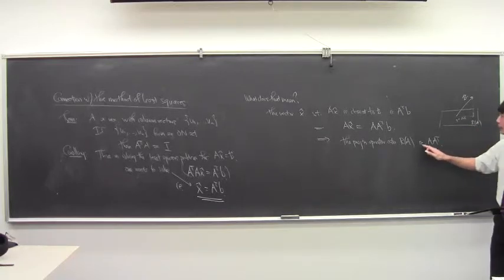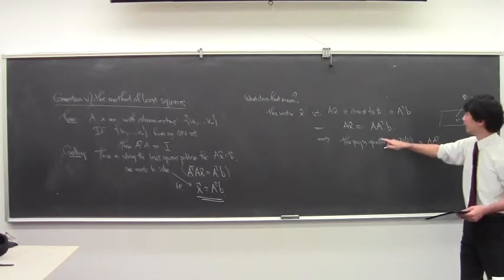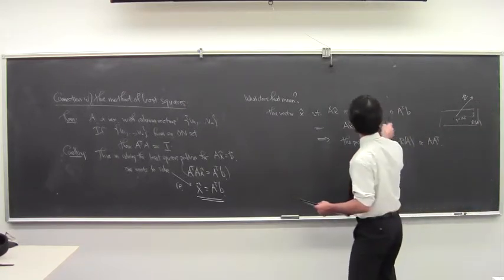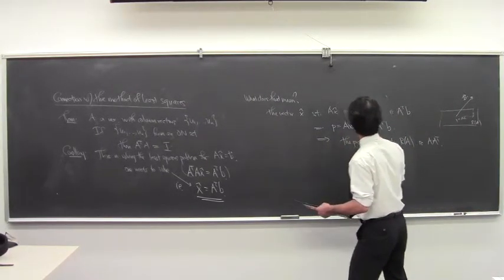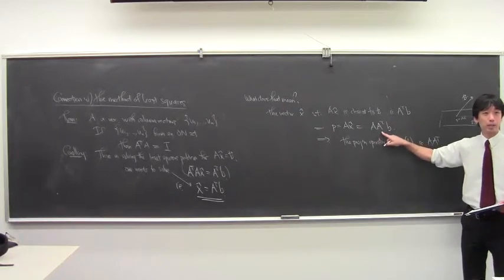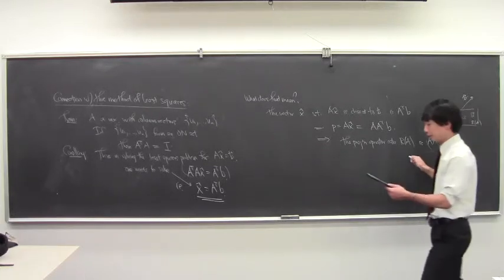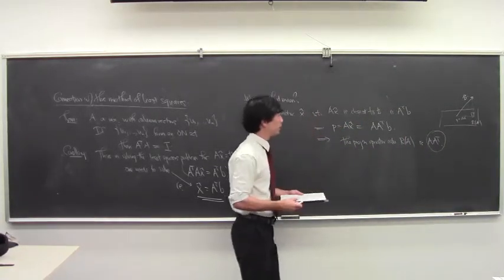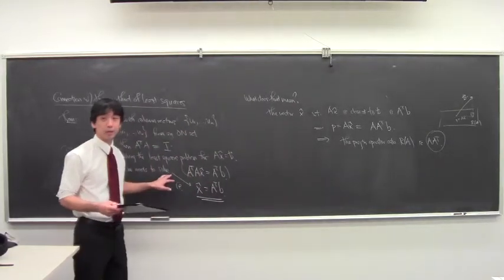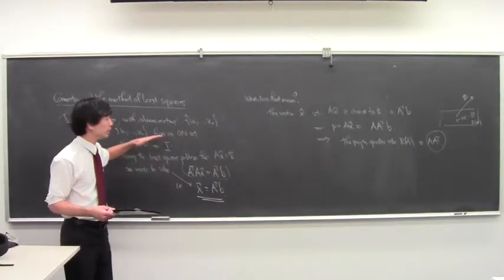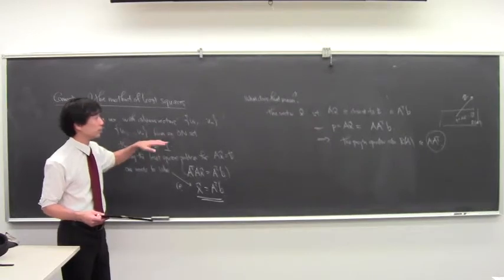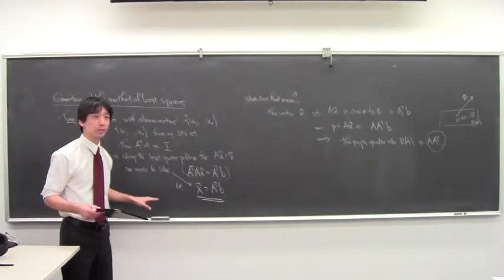And what we've just seen is that P is A A transpose B. So what does that tell you? That A A transpose is the orthogonal projection operator onto the range of A. So in this case, the orthogonal projection operator is easy to get. It's just going to be A A transpose.